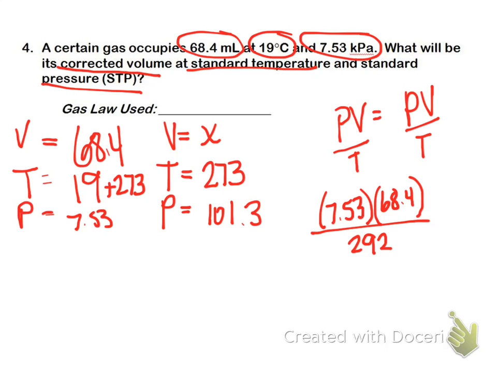No, 292 is the Kelvin scale. I did 19 plus 273. Do you know why I did that? Because we got to convert to Kelvin. The second pressure is 101.3, and then there's an X over there also. And the second temperature is 273.